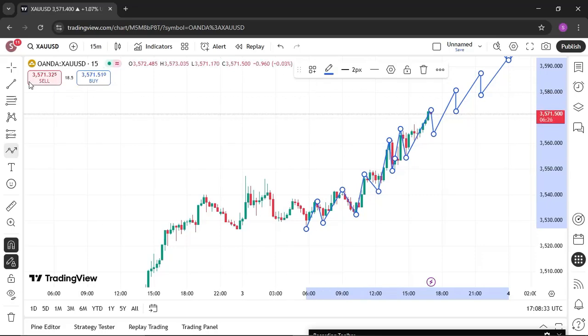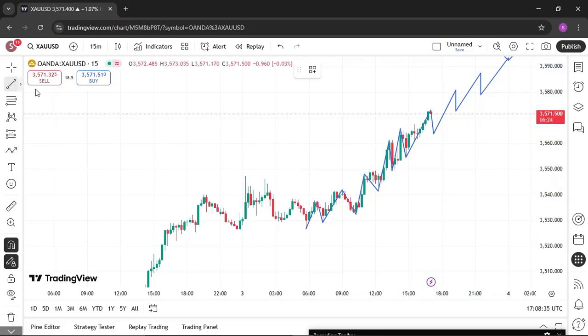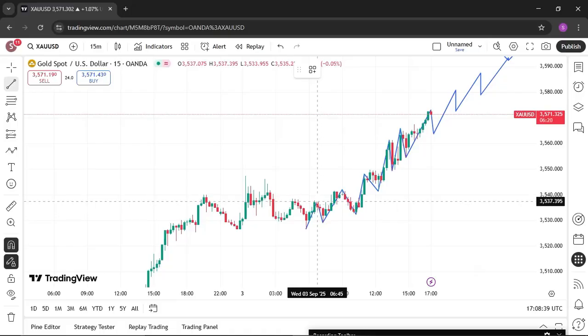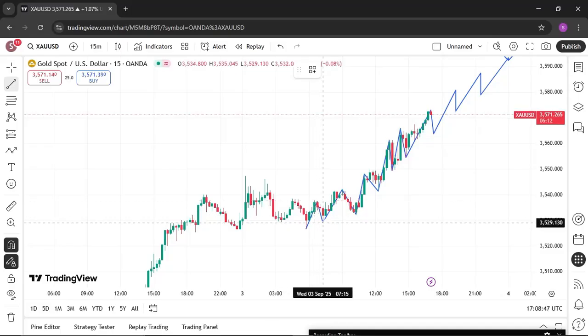So now let me draw the trend line for you to identify the break of structure. Now, after the market moved from here to this point, it went back for a retest before moving up to this point. That is, it broke this area.